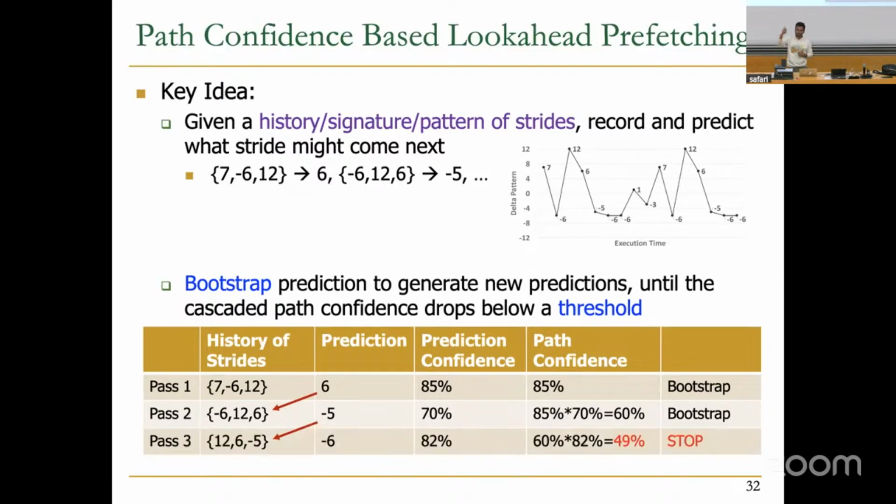You can keep doing the same thing until your cascaded confidence ratio drops to a predefined threshold, and then you stop. So this is one example of how you can look far ahead into the future, just by bootstrapping predictions with your own and making timely predictions.